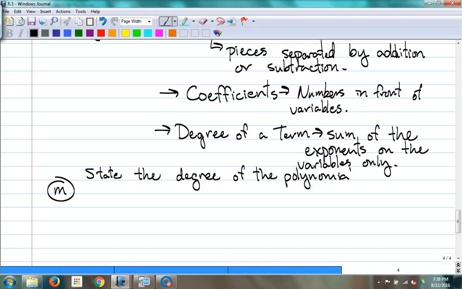Really an easy thing, not a whole lot of math involved. State the degree of the polynomial. So you've got a polynomial, 2x squared plus 5xy to the third minus 6x. What you've got to look at are the exponents on the variables only for each term.